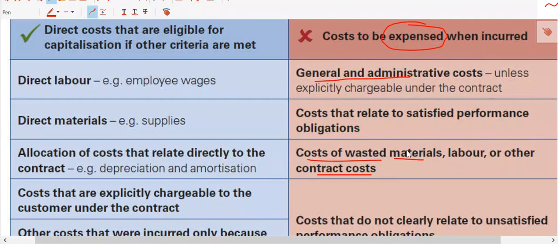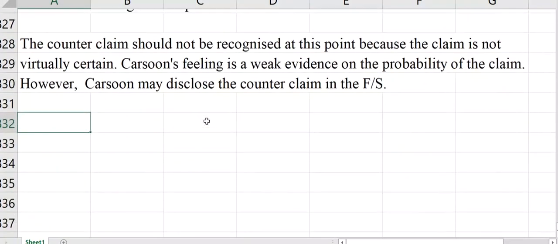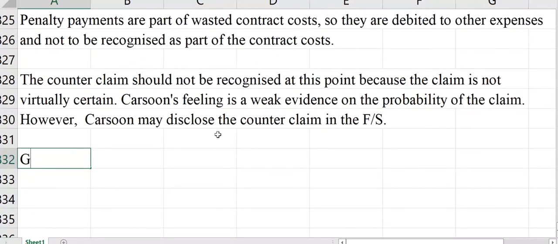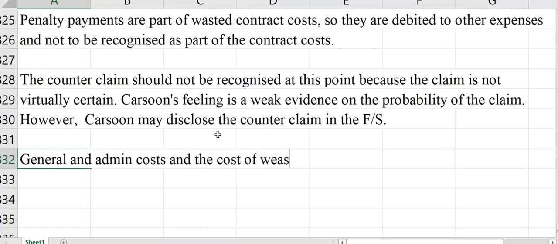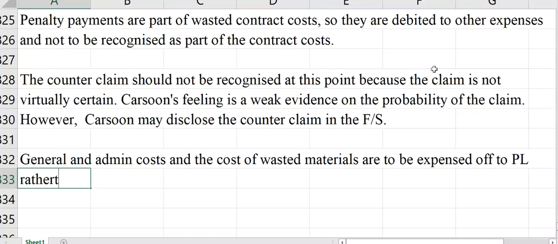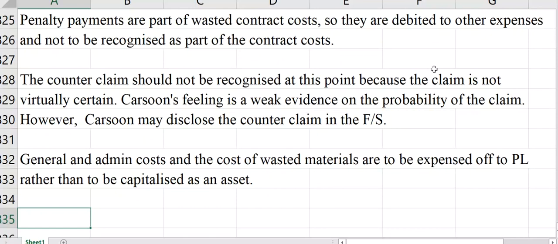So let's go back to our answer to deny the company action of capitalizing general admin cost and the wasted material cost. Okay, just one sentence for that small paragraph.